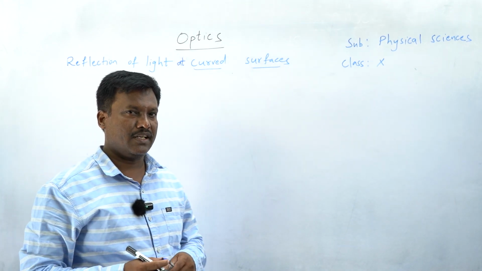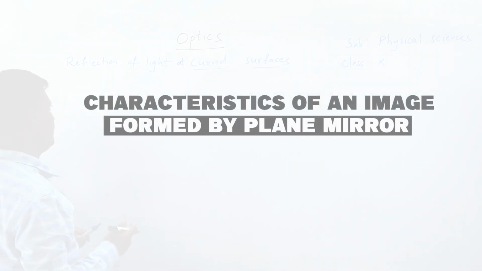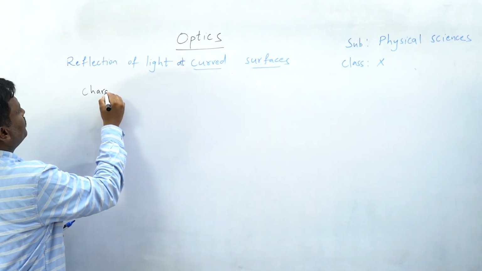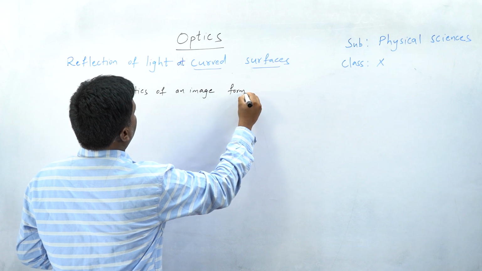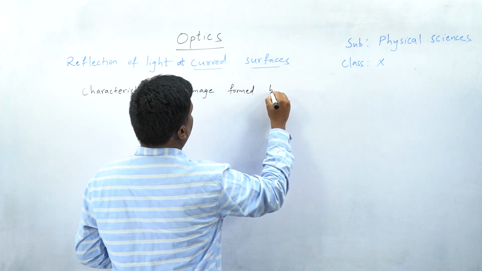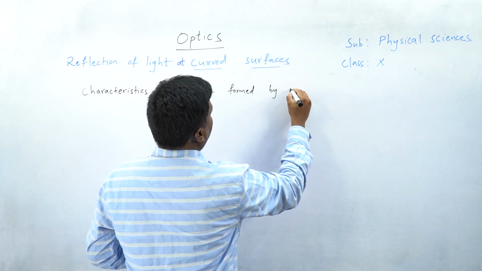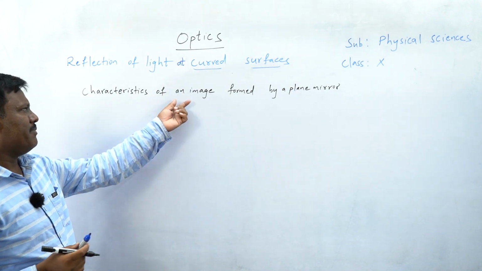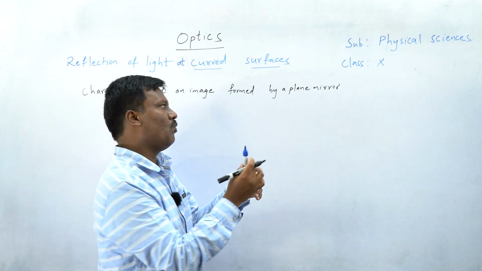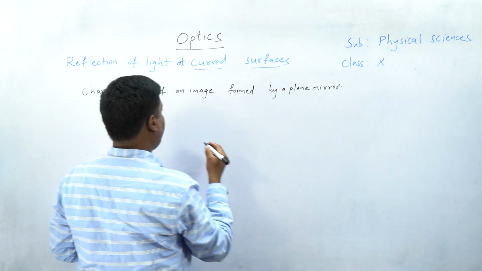Now, the last basic thing, characteristics of image formed by a plane mirror. So an image is formed in the plane mirror. What are the characters it has?